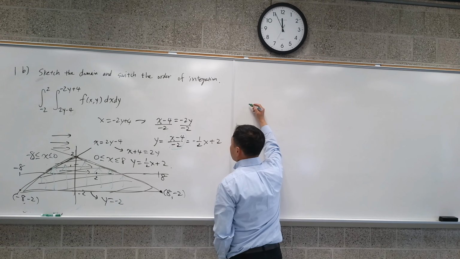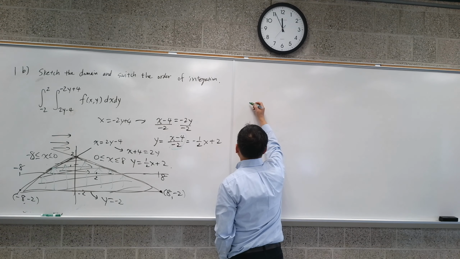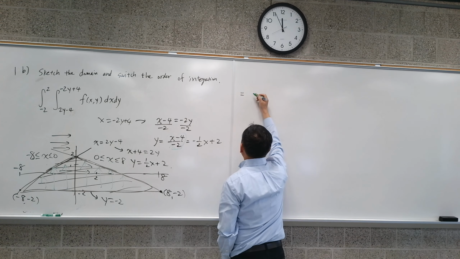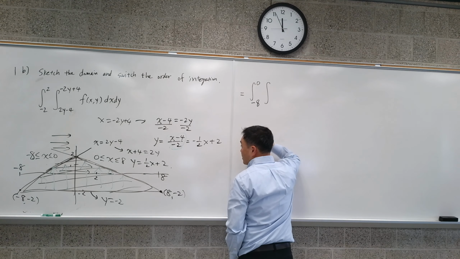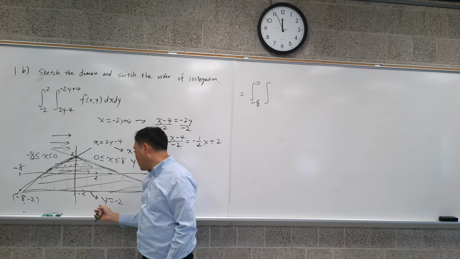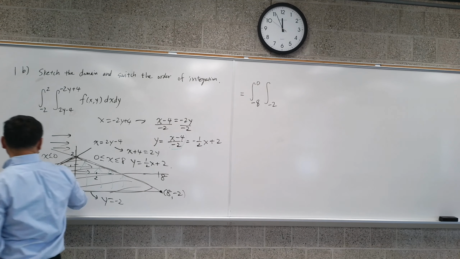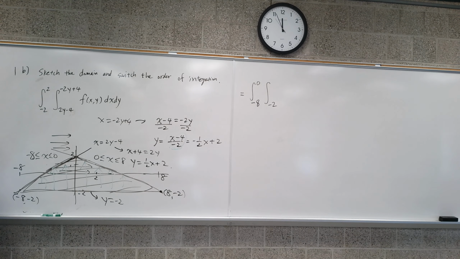It's going to give you first one between negative 8 to 0. y starts from y equals negative 2. And what's the equation for this one? 1/2 x plus 2.